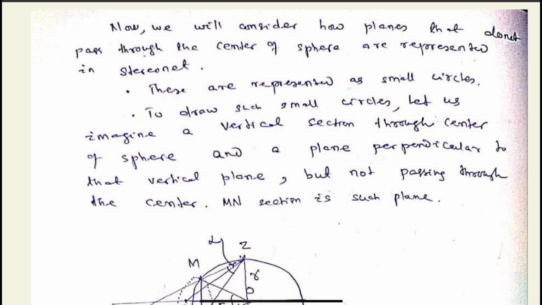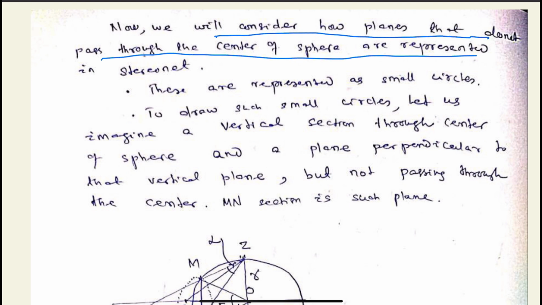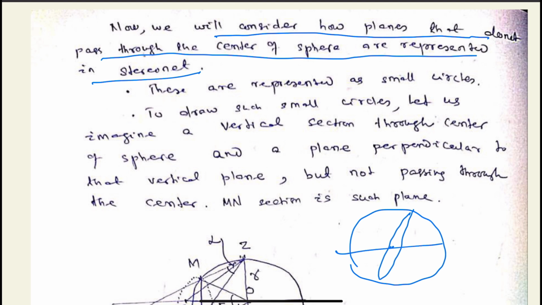Now we will consider how planes that do not pass through the center of the sphere are represented in the stereonet. In the previous discussion, we discussed the plane which was passing through the center of the sphere. We were taking this at the dip amount, and we represented this in the circular section at the equator in the form of an arc.